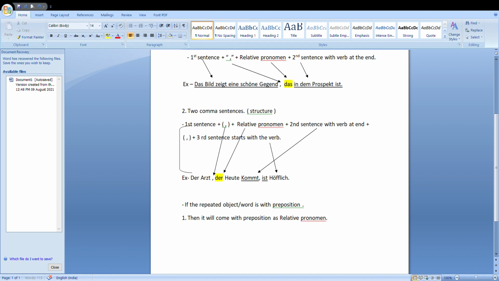For example, mit dem, mit dem, or mit das.